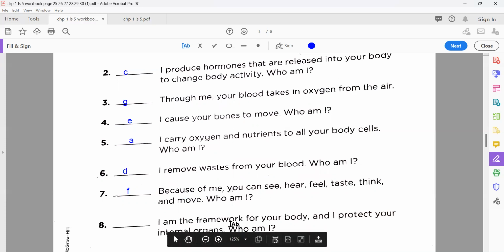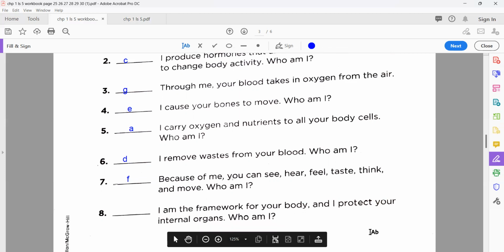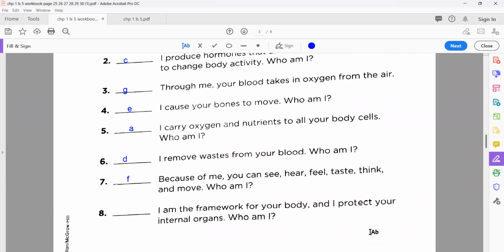I am the framework for your body and protect your internal organs. From the beginning of the lesson, we learned that your skull protects your brain, and your ribs protect your heart, lungs, and the other soft organs.